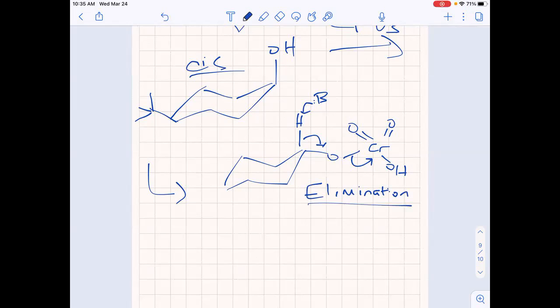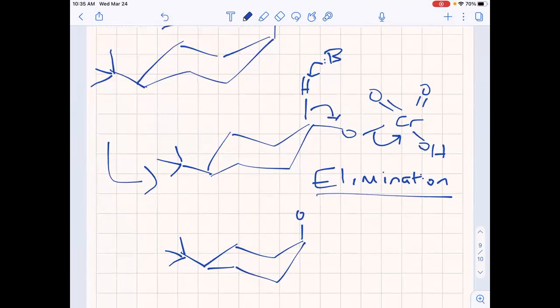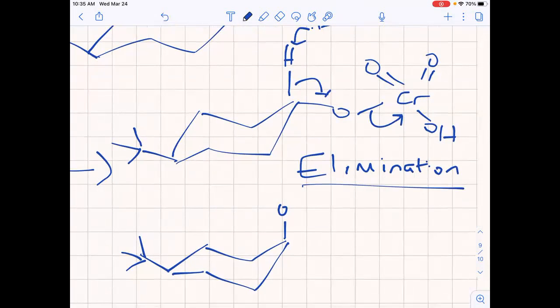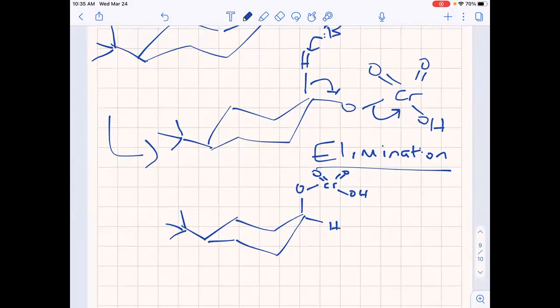when you compare that to the cis isomer, where your oxygen is, and let me put my tert-butyl back, sorry about that. When you compare it to the cis isomer where your OH is axial, and this is the intermediate chromate that you form, you actually can't do the elimination.